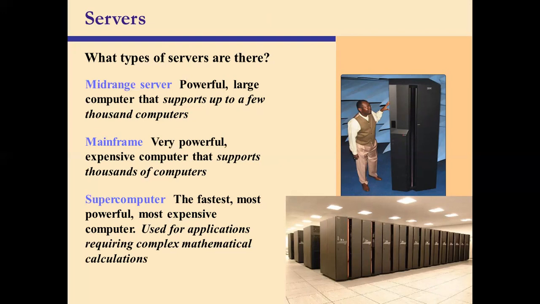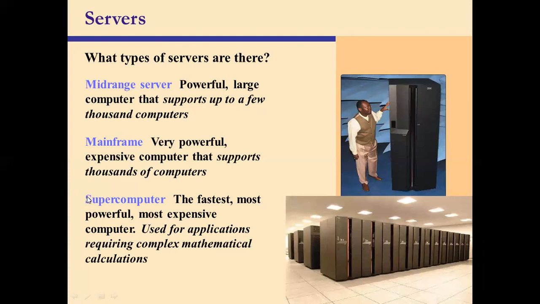Mid-range servers are powerful large computers that support up to 1,000 computers. The next powerful server is the mainframe. These are very powerful but expensive compared to mid-range servers, and they also support thousands of computers.